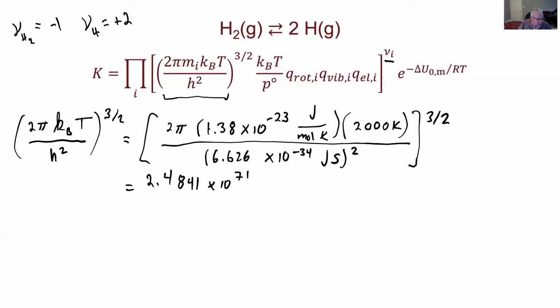If I just take the units from how they look right now, I've got joules to the -1 and seconds to the -2, and those units are raised to the 3/2 power, okay?